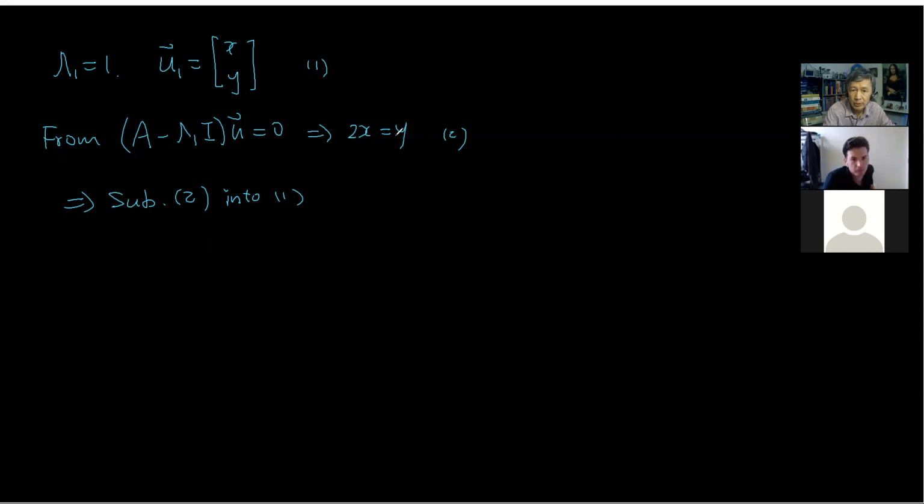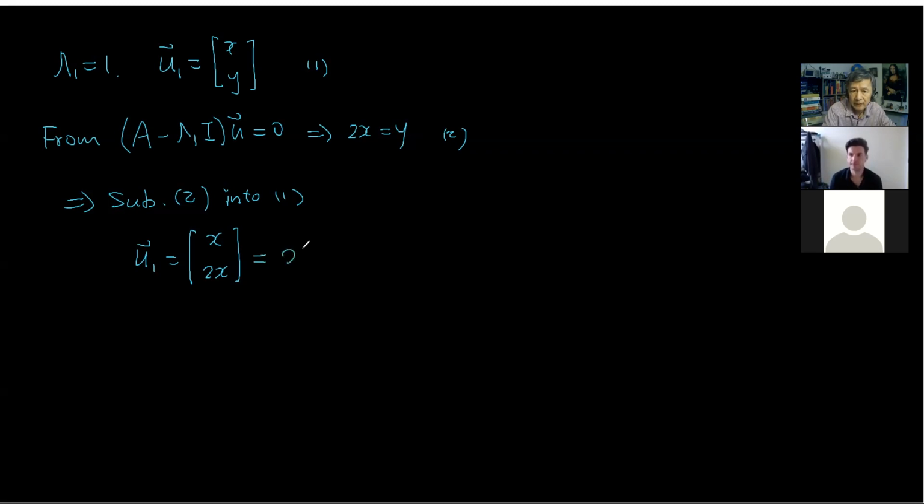We can rewrite y as 2x. So this first eigenvector can be written as x, and then y becomes 2x. We just replace y by 2x, which is obtained from this criterion for solving the eigenvector.